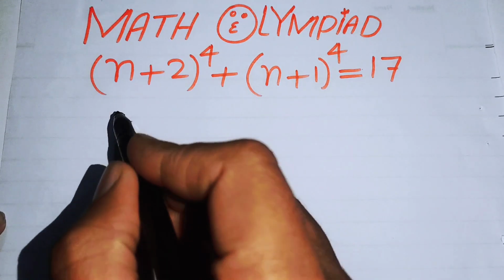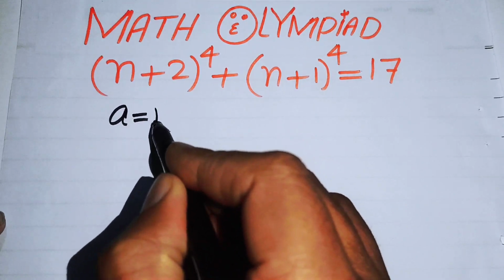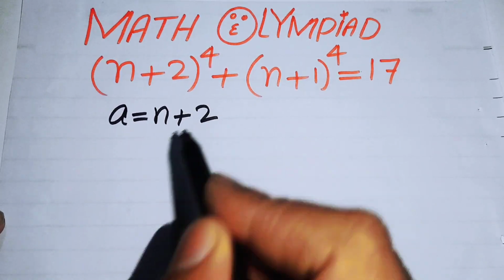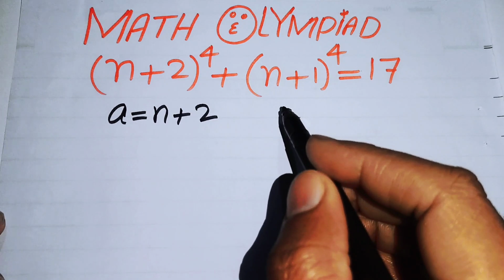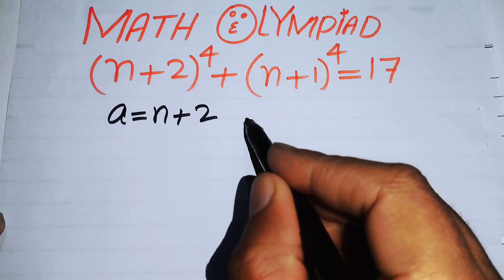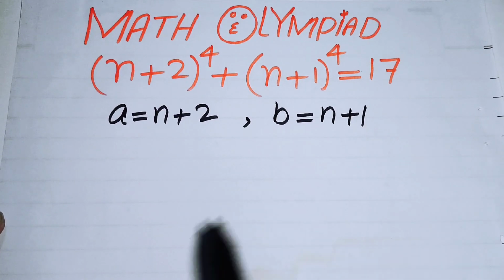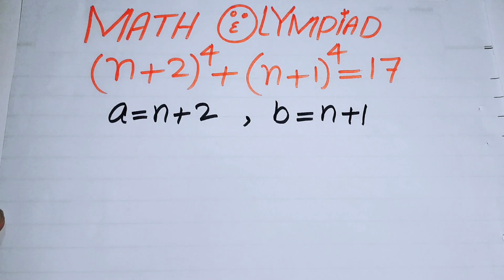So now first we suppose that a = n + 2, and we suppose here that b = n + 1.